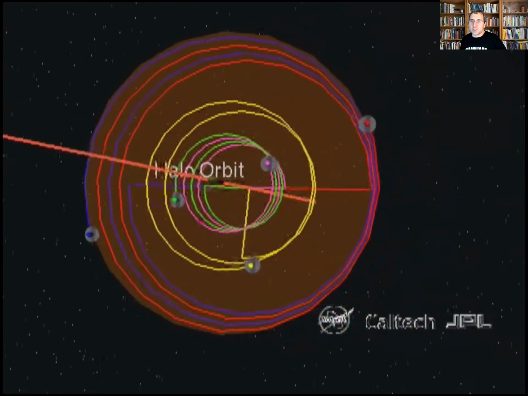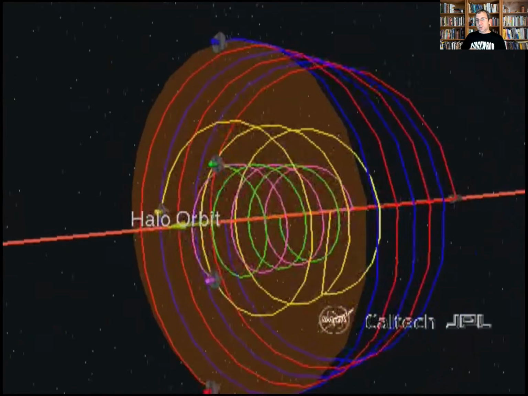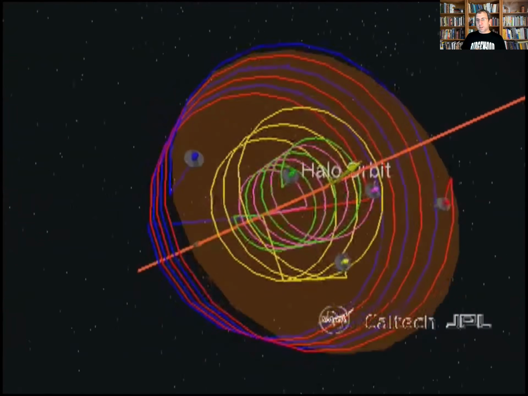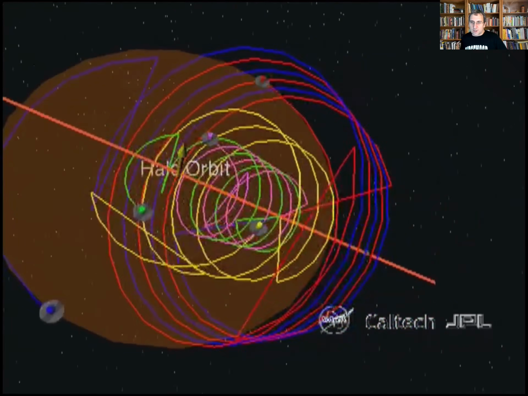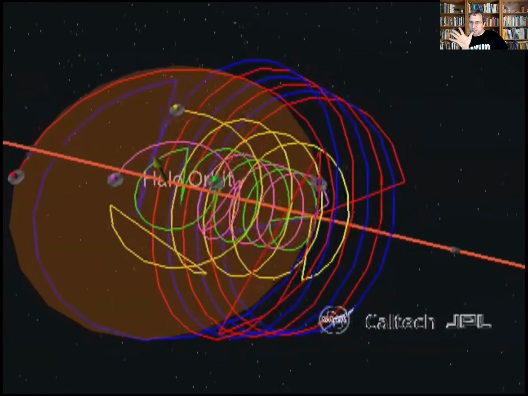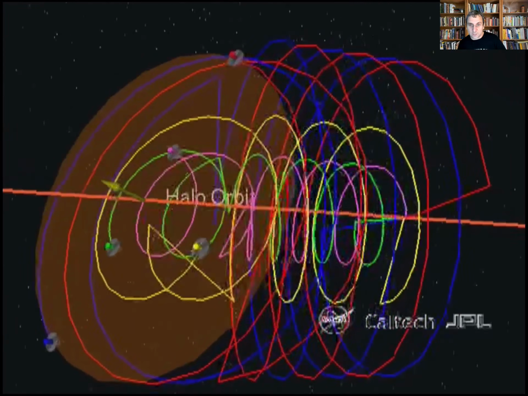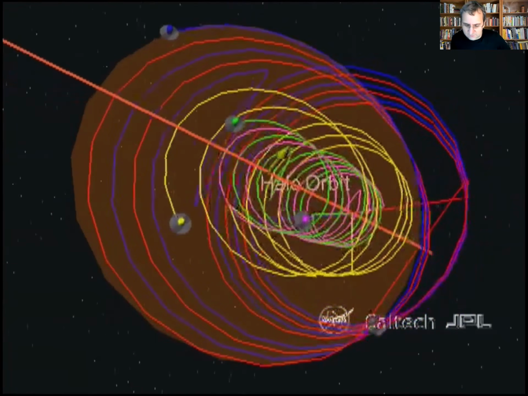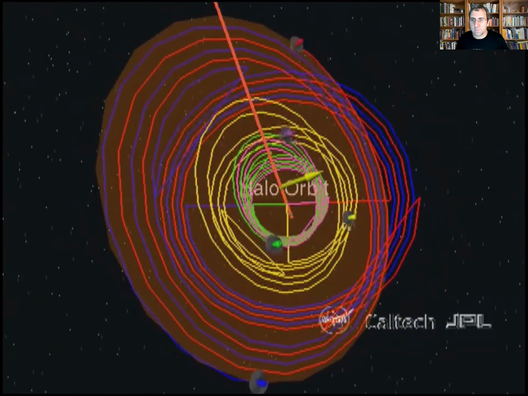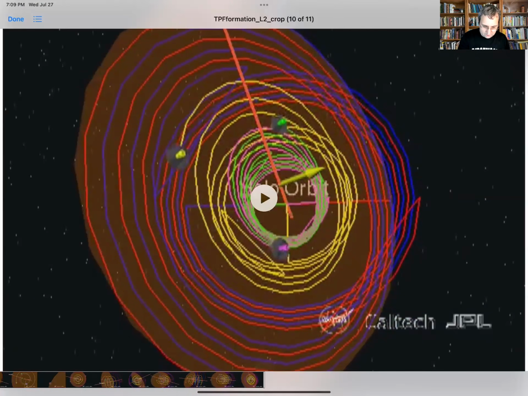The idea here was if you have multiple telescopes, they could combine their signals so you can get a very large baseline, depending on how far away these telescopes are. One of the challenges was, how do you get all of these to be in the same plane? How do you reorient them optimally to move and point at certain parts of the sky? That's what that yellow arrow is. That's the part of the sky that it's aiming at. So this was some work that was done almost 20 years ago.